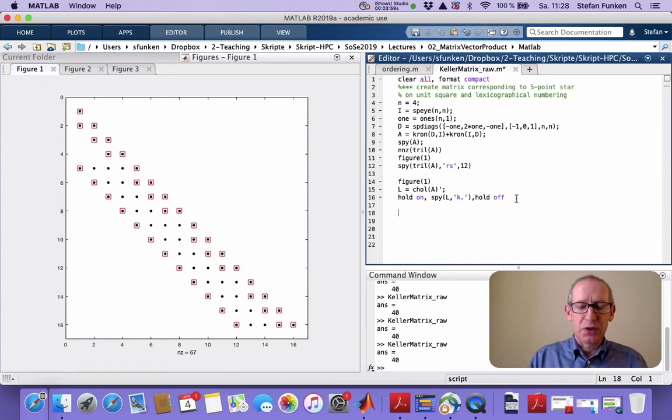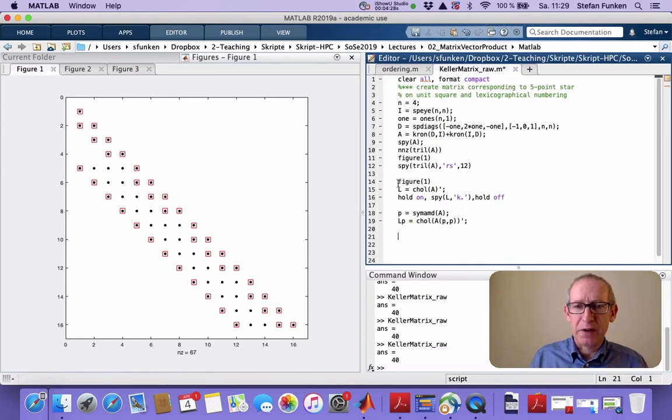Let's do some trick and we compute P, let's say symmetric approximate minimal degree. I have hopefully the right command of A, and we do some LP, which should be the Cholesky decomposition applied to A permuted, and again transposed.